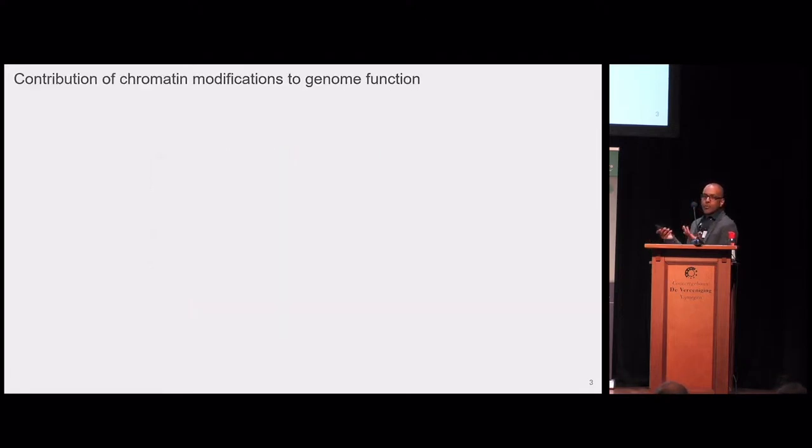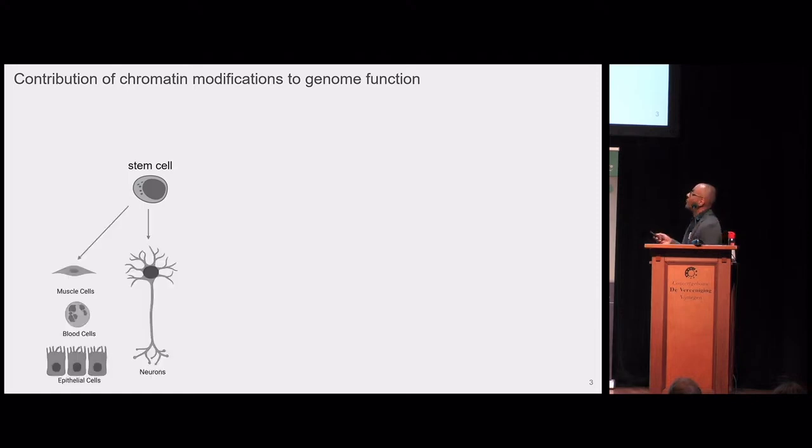So what is the contribution of chromatin to genome function? How can a single cell with a single genome give rise to many different cell types with specialized sets of gene expression? That's a fundamental and long-standing question in biology.